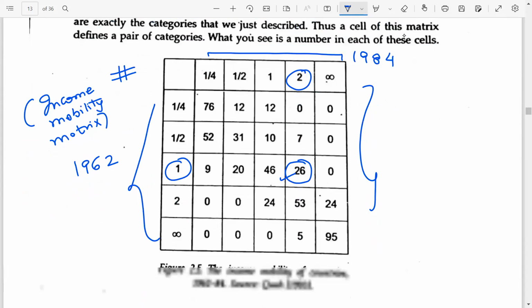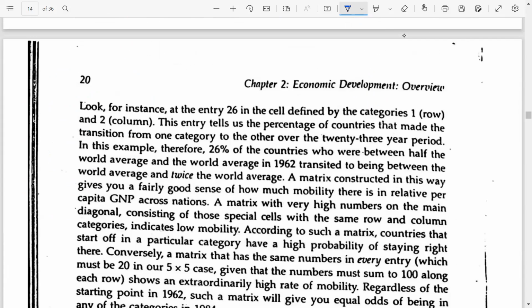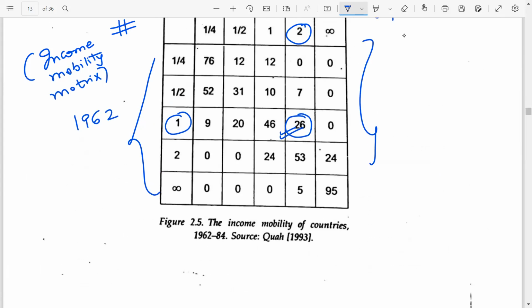If I interpret the entry 26 in the mobility matrix, it tells me that 26% of the countries who were between half the world average and the world average in 1962, which takes the value 1, meaning their per capita income was lying between half and 1 of the world average, have now transited to the index 2.